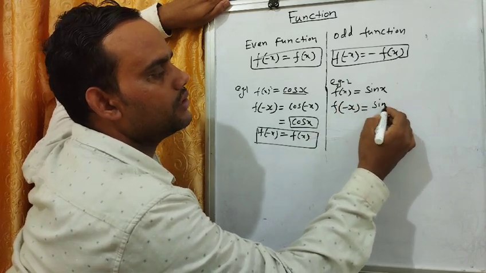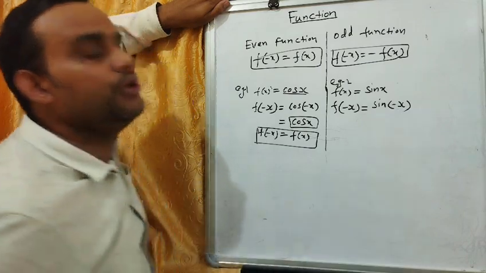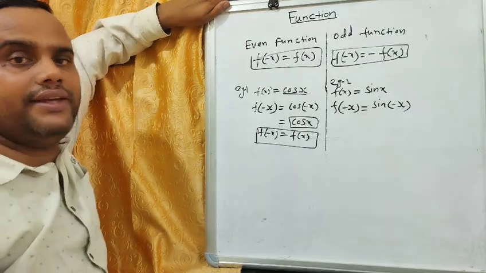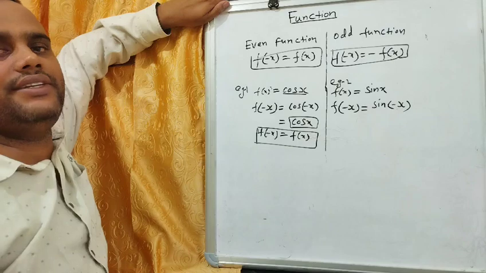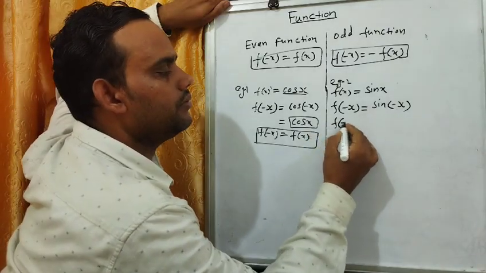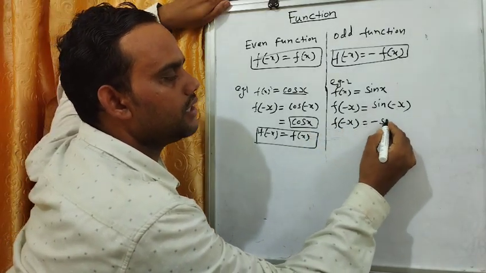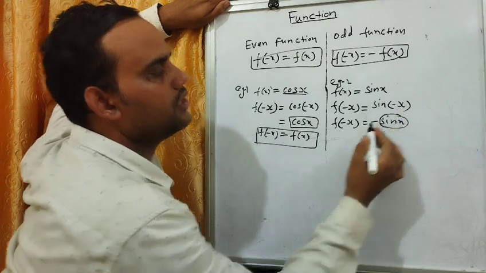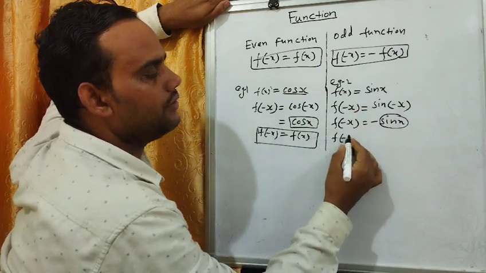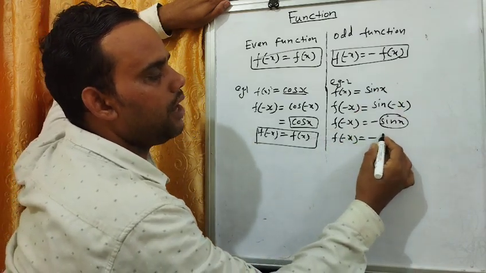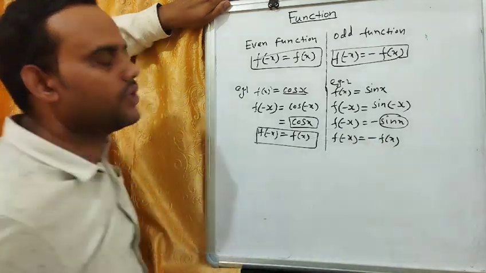So sin of minus x, we know that sin minus theta is nothing but minus sin theta. So we write f of minus x equals minus sin x, and this is nothing but minus f of x. So f of minus x is nothing but minus of f of x.